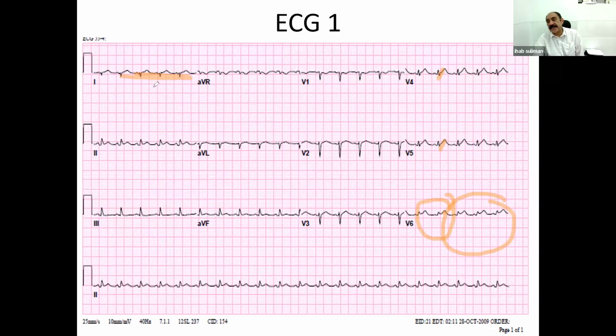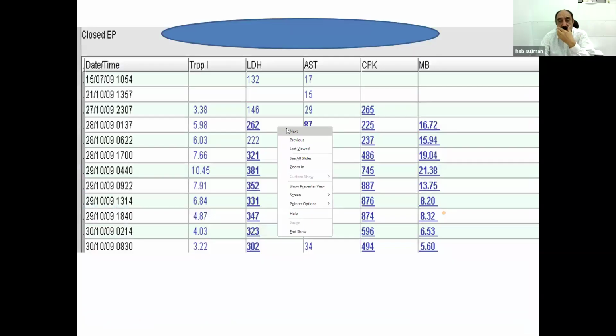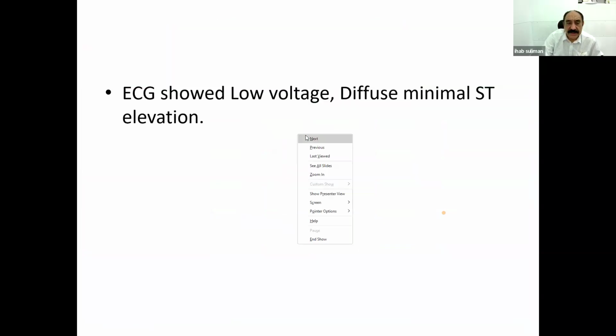So again, this is a case of myopericarditis, which can also present with ST elevation to the ER. So you need to take that into account. So this is a patient who came with acute myopericarditis. She has low voltage and diffuse ST elevation.